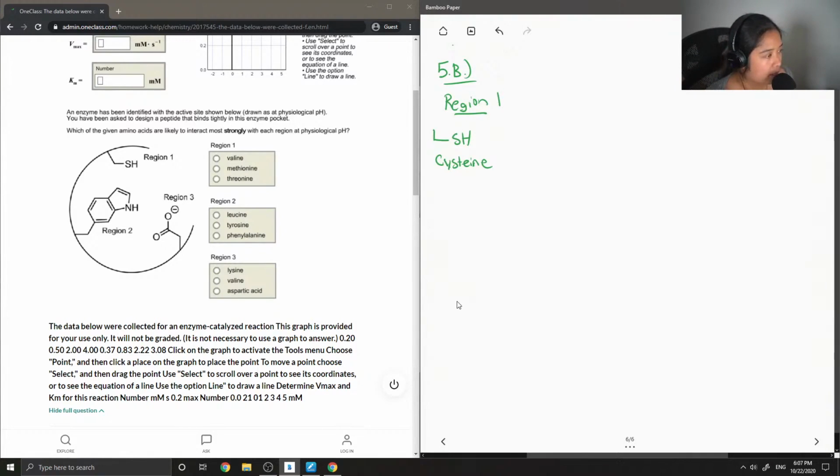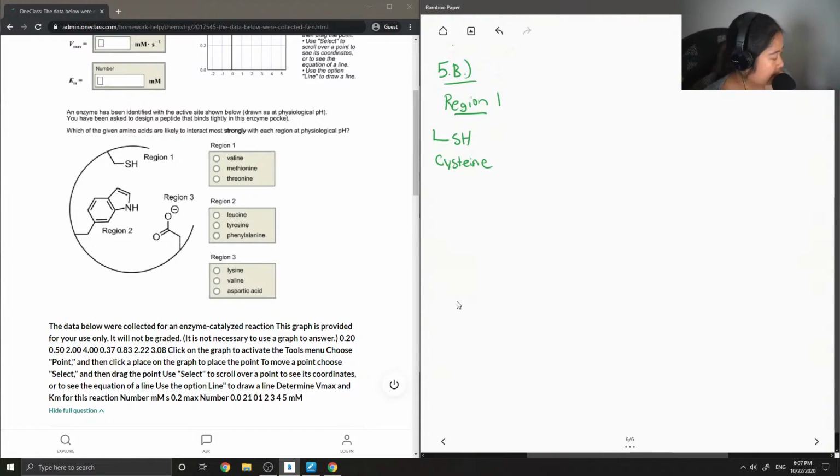And then basically, out of all of the options that are given, I would say that the threonine would interact the most strongly.